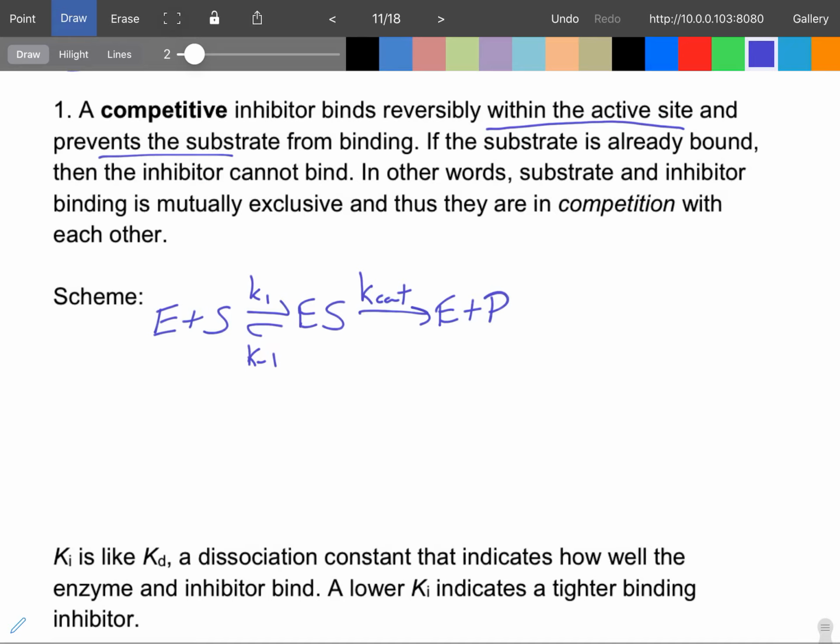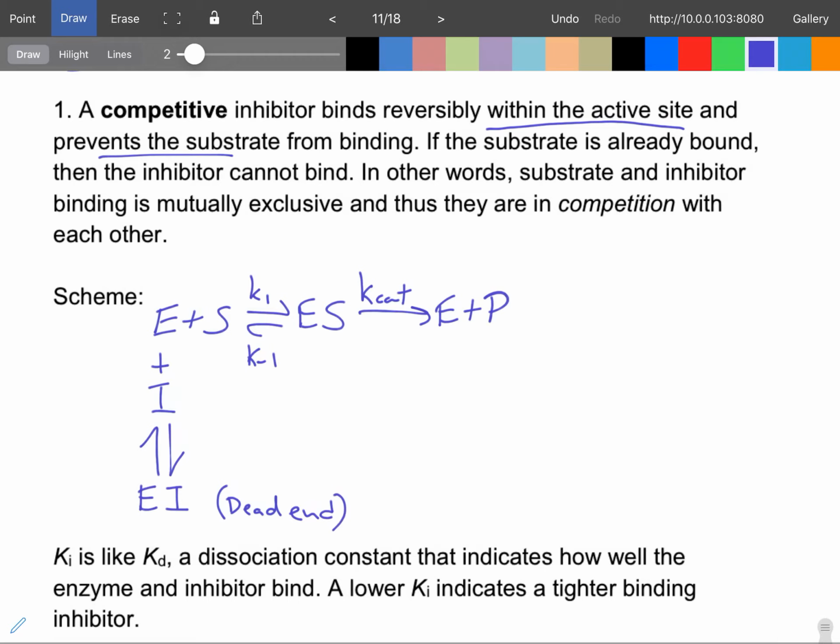We said the inhibitor is in competition with the substrate, so it can only bind to the free enzyme here. The inhibitor cannot bind to the enzyme substrate complex, for example. So this is an equilibrium process to produce this enzyme inhibitor complex, and this is a dead end.